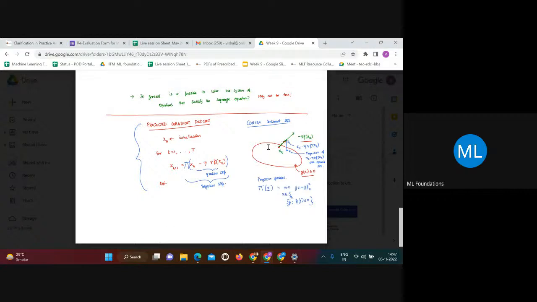For example, this is a fixed circle, and this point can shoot out of it also. In plain gradient descent, shooting out was no problem because there was no condition to satisfy. But here, whatever x we get should satisfy the condition g(x star) less than or equal to 0.